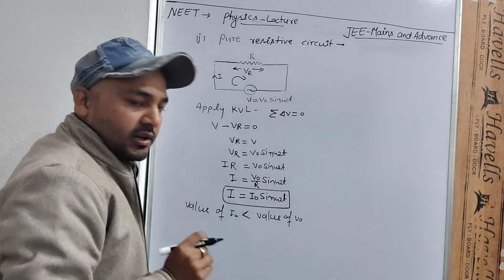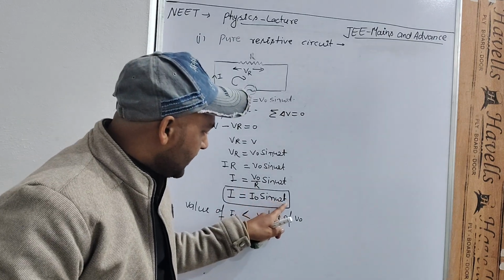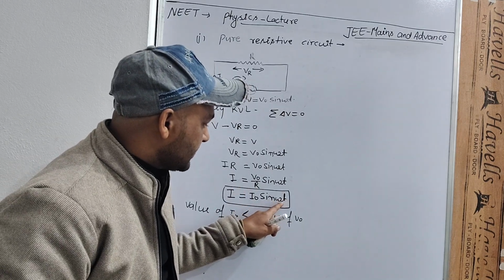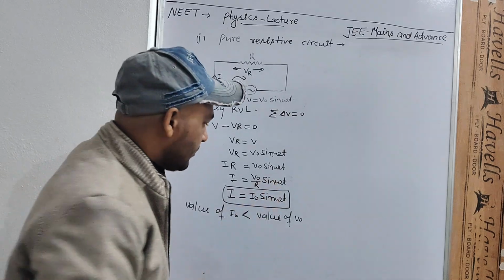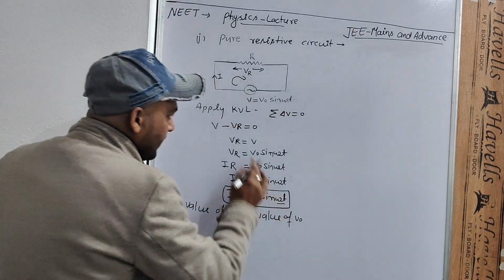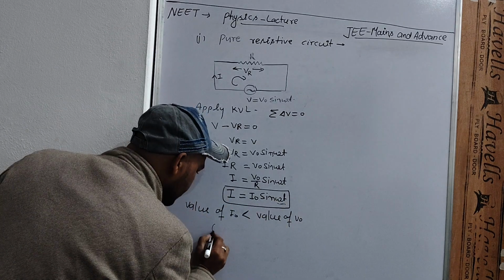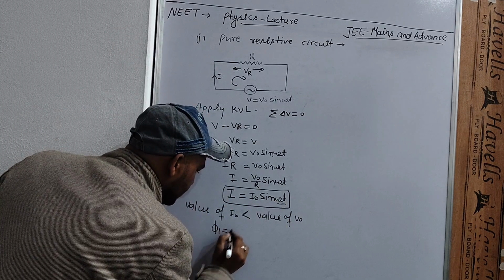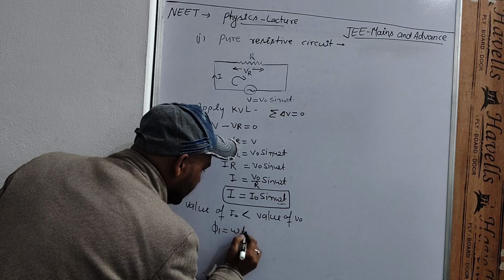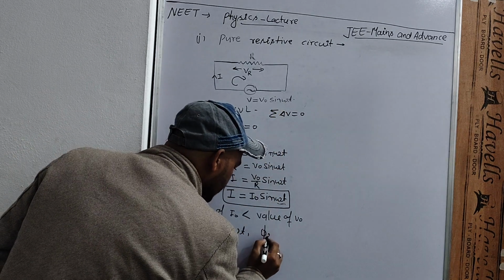And we also know very well what is phase. Phase is the angle which is contained by the sine or cos function. This is called phase. Now if we take the phase of current, then phase of current is omega t and the phase of voltage is also omega t.